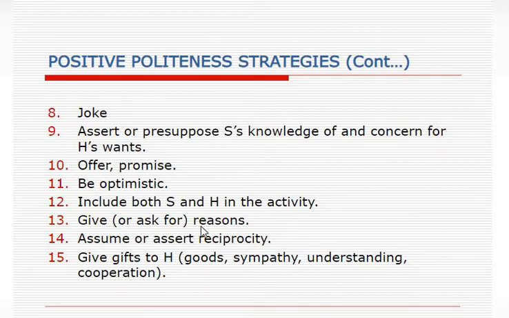This is strategy number 13. Strategy number 14 is assume or assert reciprocity. And 15th strategy, give gifts to hearer like goods, sympathy, understanding, cooperation, etc. These are the 15 strategies of positive politeness.